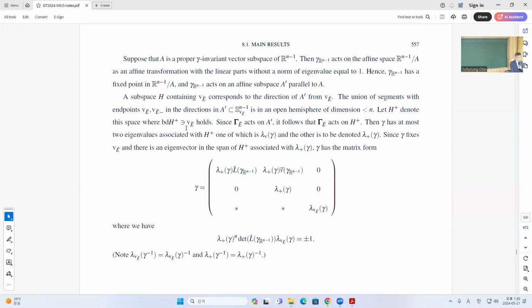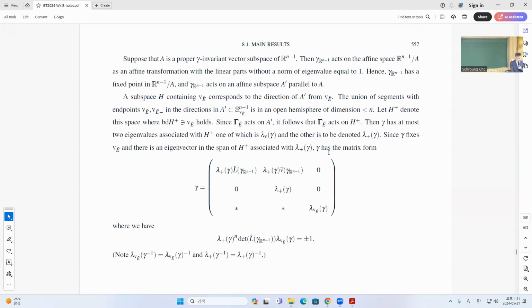Let's consider a subspace H containing b corresponding to the direction of A prime, and the union of segments of b plus and b minus in the direction of A prime is an open hemisphere of dimension less than n. A plus denotes this space where this holds. H plus is a hemisphere, and this acts on A prime. It follows that gamma acts on H plus, and so gamma has at most two eigenvalues, one of which is this, and the other is lambda plus. So gamma fixes b and the eigenvector in the span of H plus associated to lambda plus.